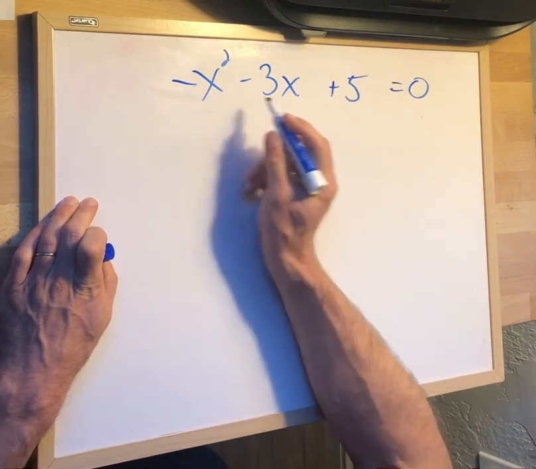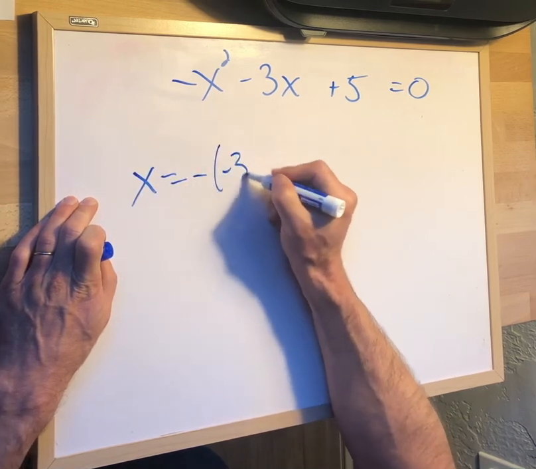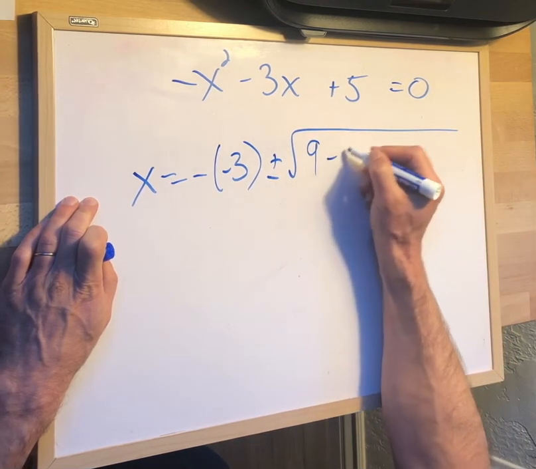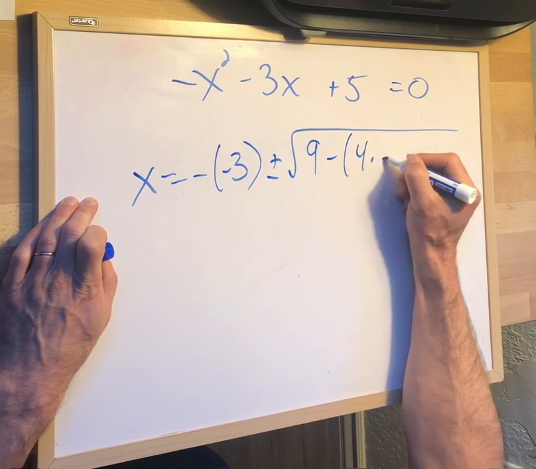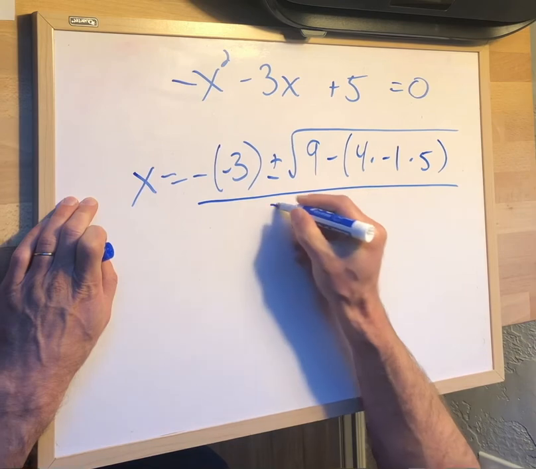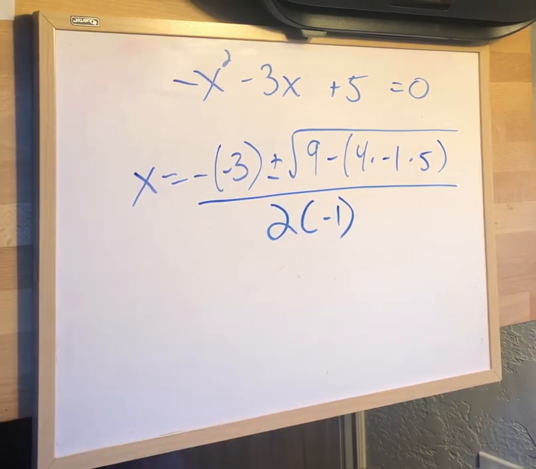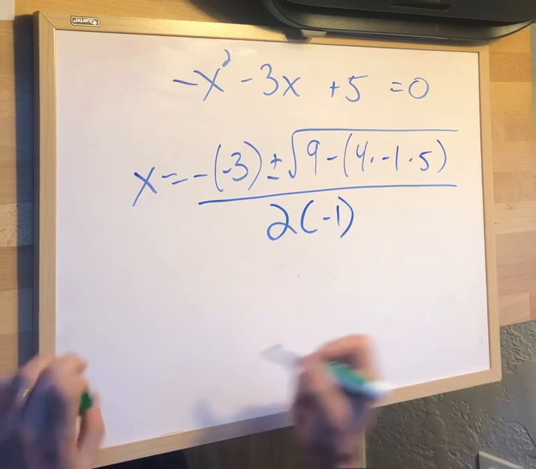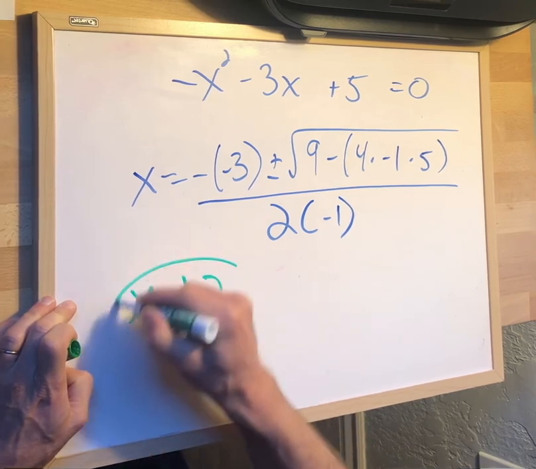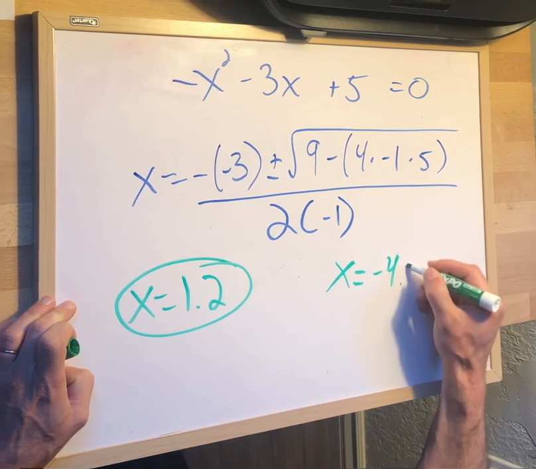Then I would use the quadratic formula to get x equals -b plus and minus the square root of b squared minus 4ac, over 2a, giving me a solution, and I give you the solution. I say x is equal to 1.2 and x is equal to negative 4.2.